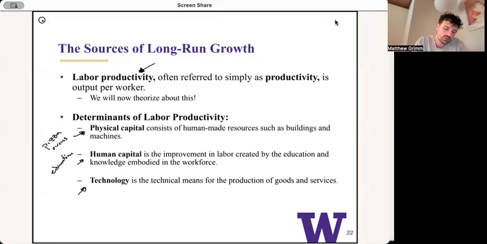A lot of things drive improvements in technology. Recently, AI has been the buzz, but we can also go back to the Industrial Revolution. The Industrial Revolution improved worker productivity because workers now had access to things they didn't have before, which means that when they work, they can produce more in a shorter amount of time.